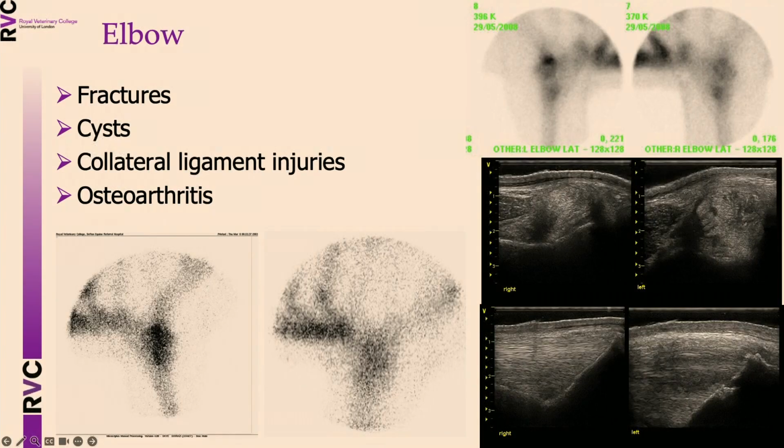But they're most commonly identified when horses are referred for a bone scan. So these are areas of uptake associated with collateral ligament injuries, which we can identify then on ultrasound.